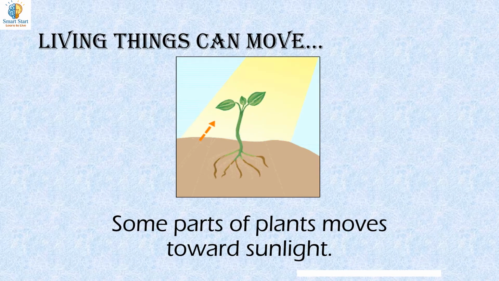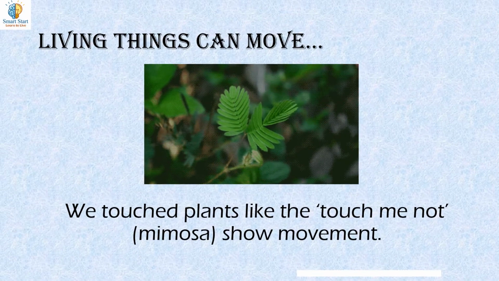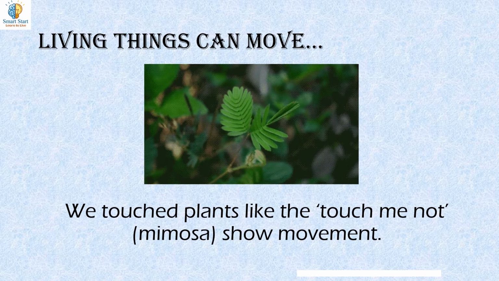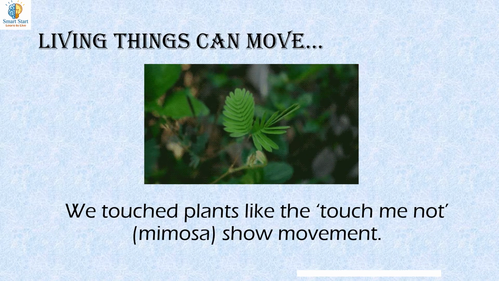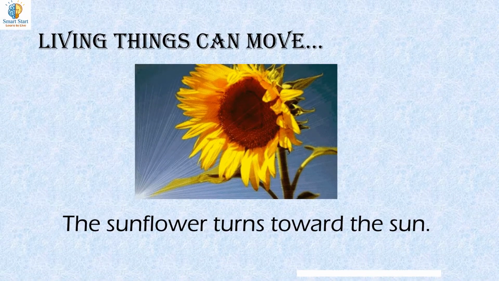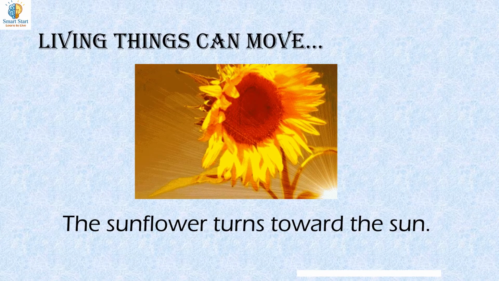Some parts of plants move towards the sun. When we touch a plant like the touch-me-not plant or mimosa, it shows movement. The sunflower plant turns towards the sun.